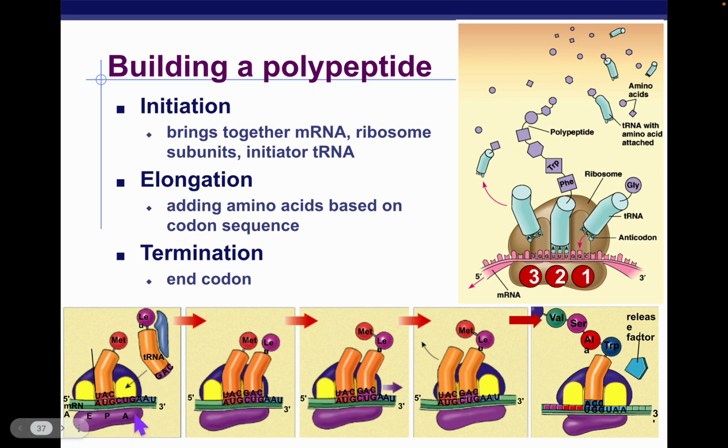We have our E, P, A sites. We have the methionine, that's our start. We have the next one coming up, and what happens is the ribosome kind of ratchets down the length of this mRNA chain. So what happens here is we have a bond that forms between these two guys, and we know that's dehydration synthesis putting these amino acids together.